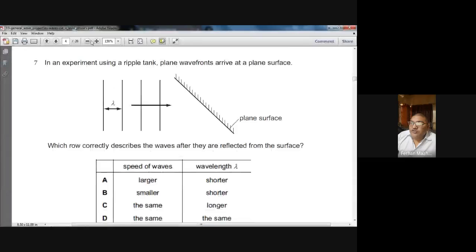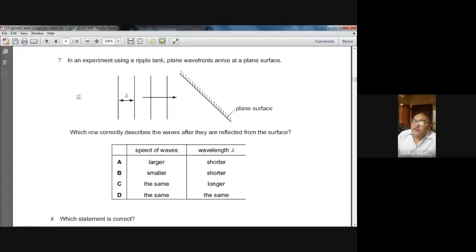So the next question on your screen. In an experiment using a ripple tank, plane wavefronts arrive at a plane surface. Which row correctly describes the waves after they are reflected from the surface? When the reflection of water waves happens, the speed does not change, the wavelength does not change, the frequency does not change, only the direction of the water waves changes.